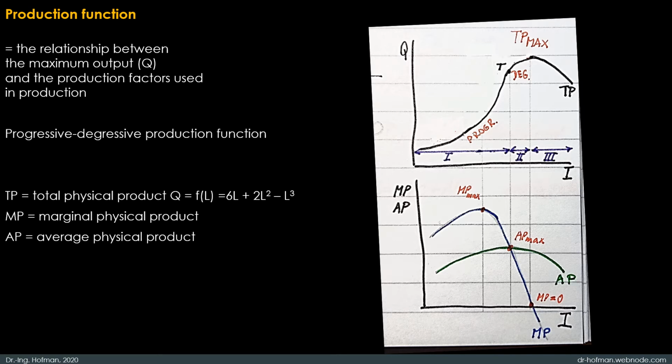The output per unit of both the fixed and variable input declines throughout this stage. At the boundary between stage 2 and stage 3, the highest possible output is being obtained from the fixed input.